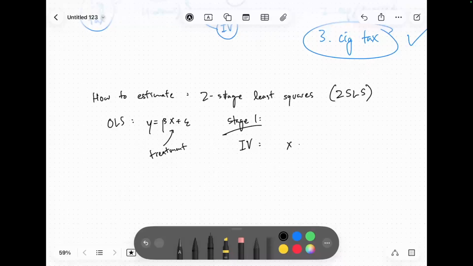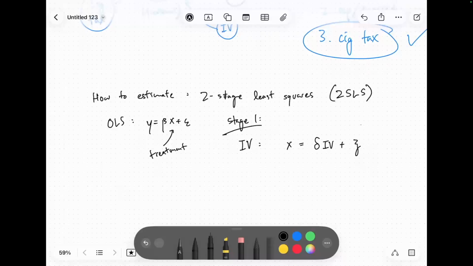So that would be X is equal to, let's say, delta IV. Delta is just another version of beta, basically, plus epsilon. And so if we run this regression, we can calculate the effect of our instrumental variable on X.